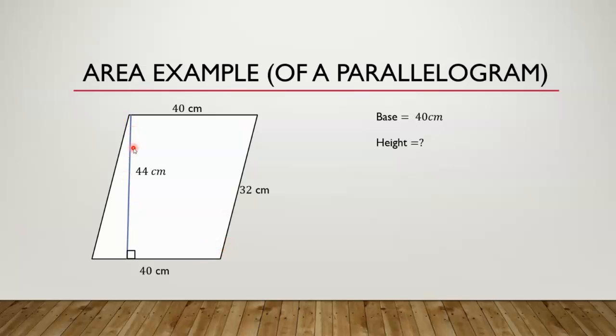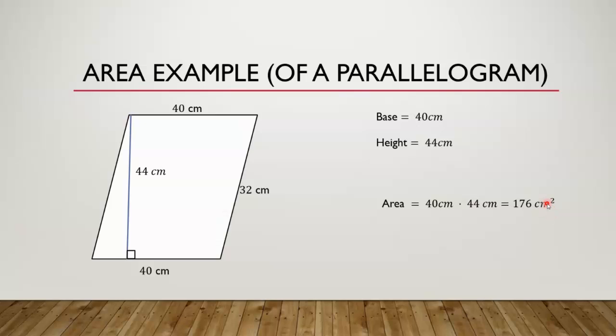This line, however, forms a 90-degree angle with the base. So this blue line is the height. So the height here is 44 centimeters. And so now we can get the area. It's 40 centimeters times 44 centimeters, which is 176 centimeters squared.